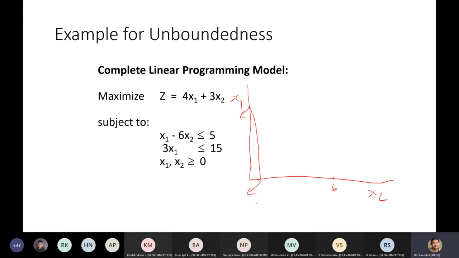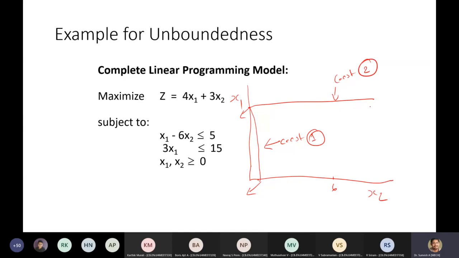The next constraint is 3x1 less than or equal to 15, so the x1 value is 5. This is how constraint 1 looks and this is how constraint 2 looks, and the solution space is like this.